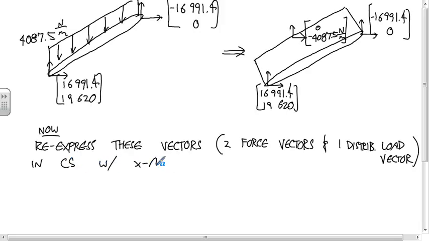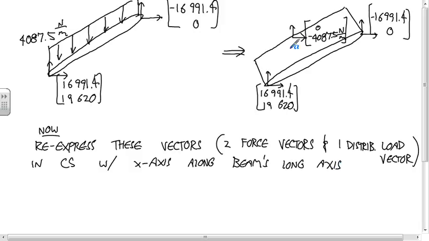with the x-axis along the beam's long axis. So why do I want to do that? Yeah, exactly, because that's just the coordinate system that we have to use to calculate the internal loads.